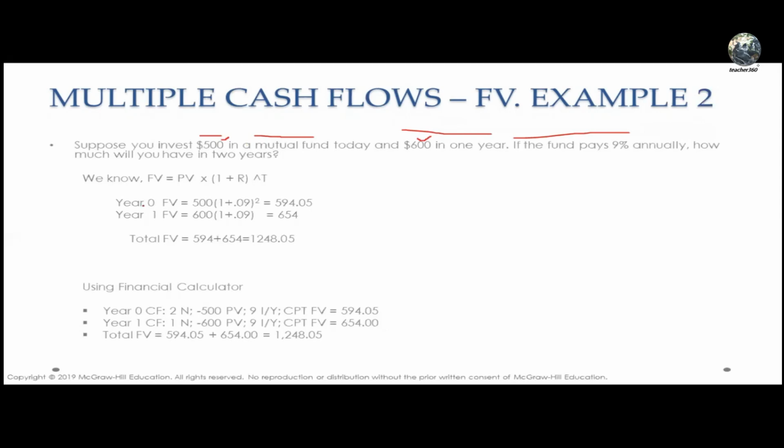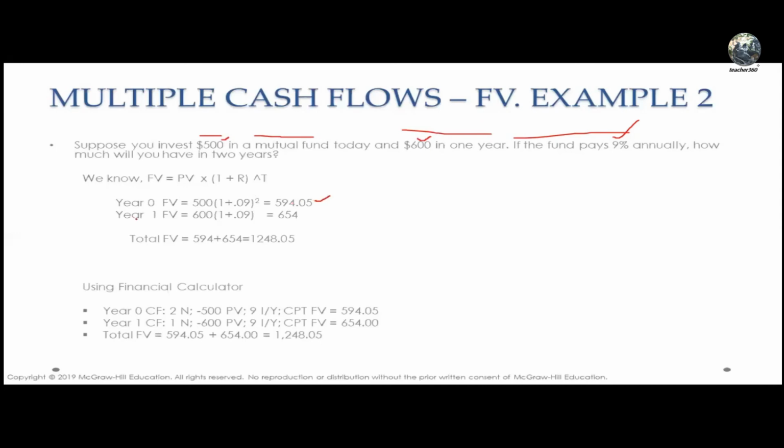According to the formula, at year 0, meaning at present, you invest $500 times 1 plus your interest 9%. You have to find the future value in 2 years, so you have 2 years remaining: 1 plus 0.09 to the power 2. So the future value of 500 is $594.05.